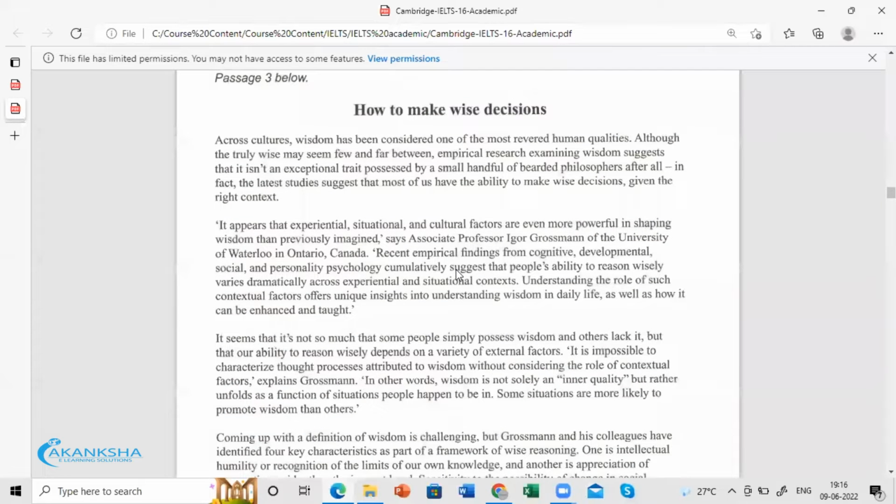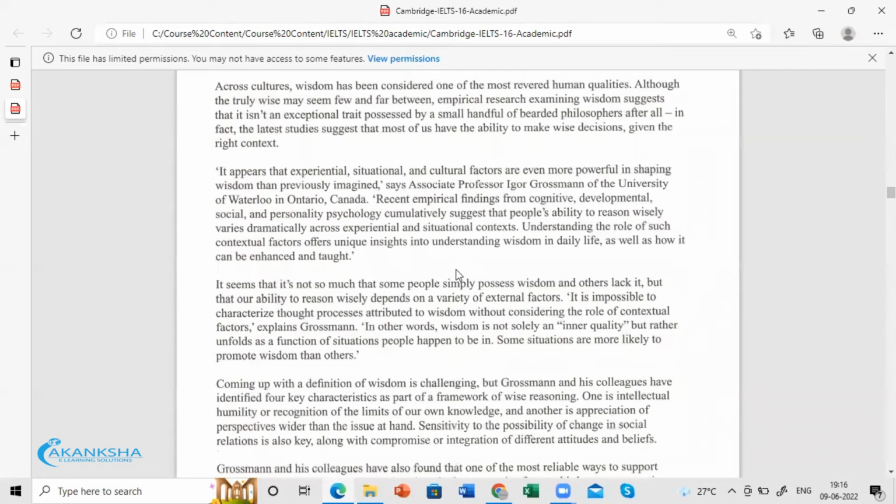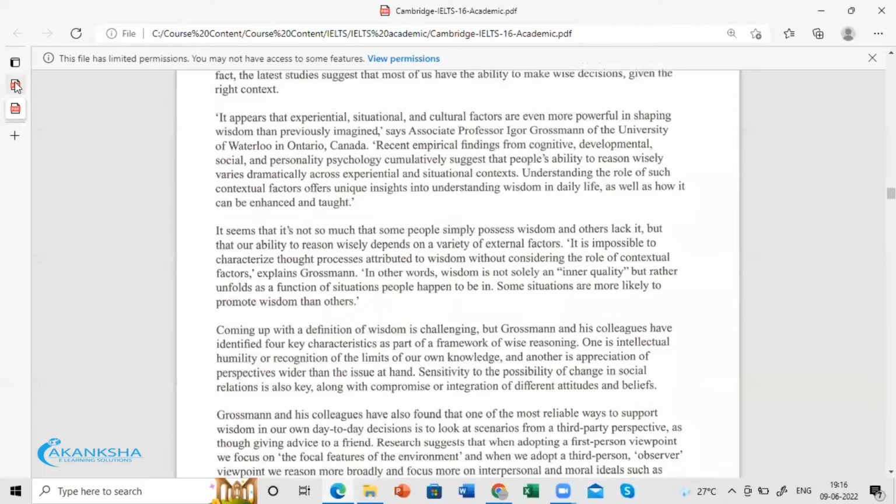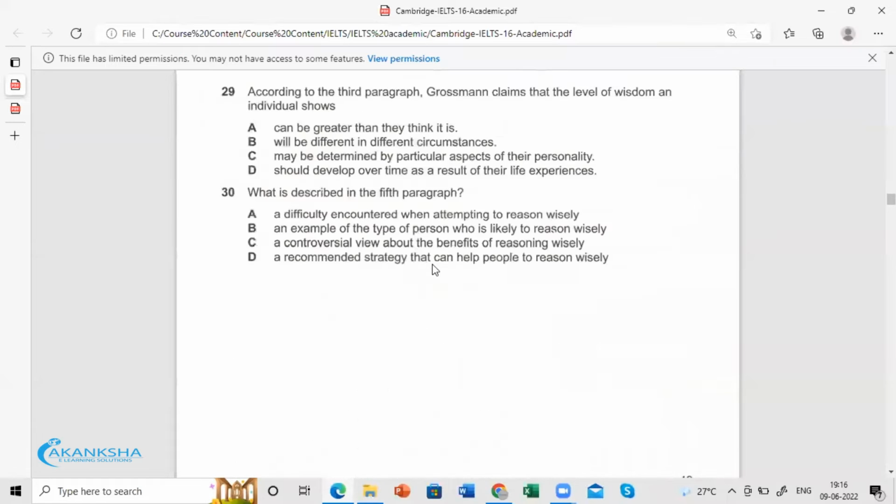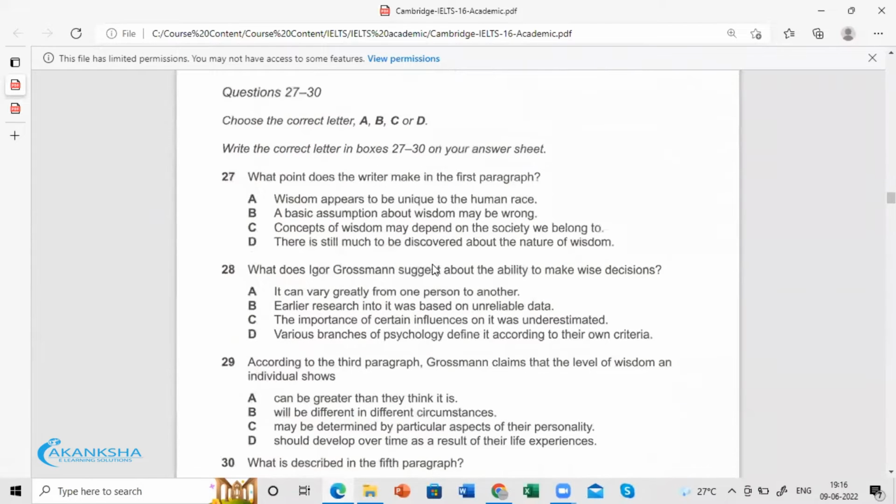It won't be in the first, second or third paragraph, because as we had discussed, before these questions we had MCQ single type of questions, right? After these questions, here also the order of the questions matches the order of the passage.